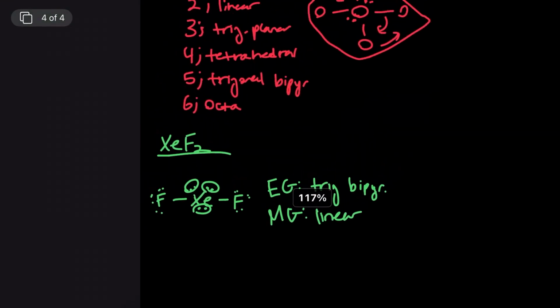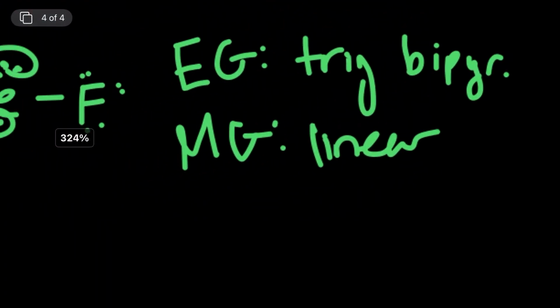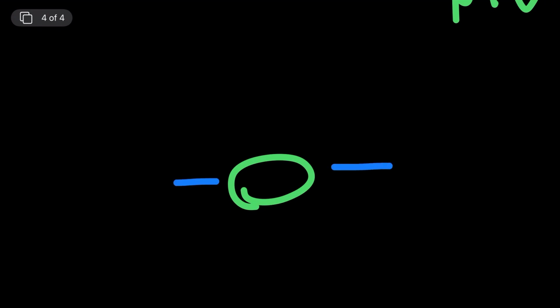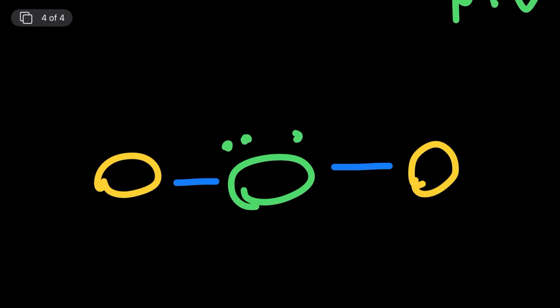And once again, the best way I can show that is by drawing atoms. So we have our central atom right here. We have something bonded to it over here. And we have our other atoms. And when you have 2 lone pairs pushing on it, it tends to go down.